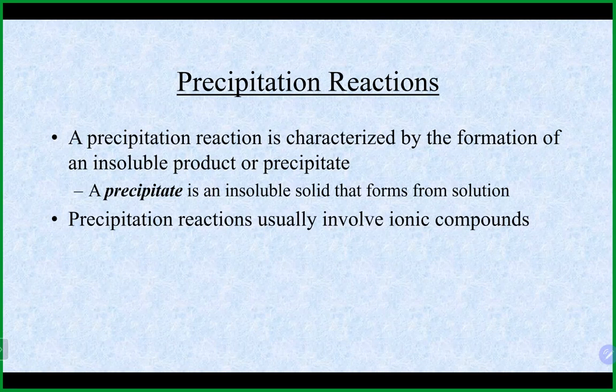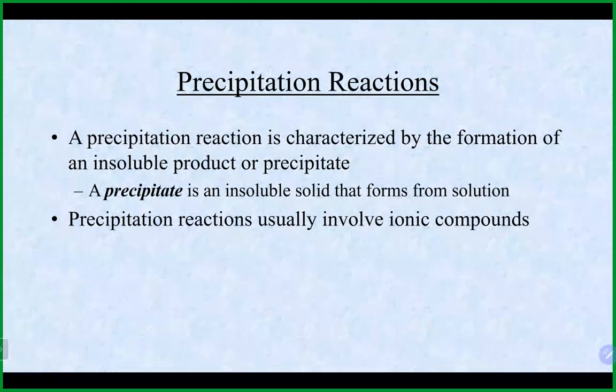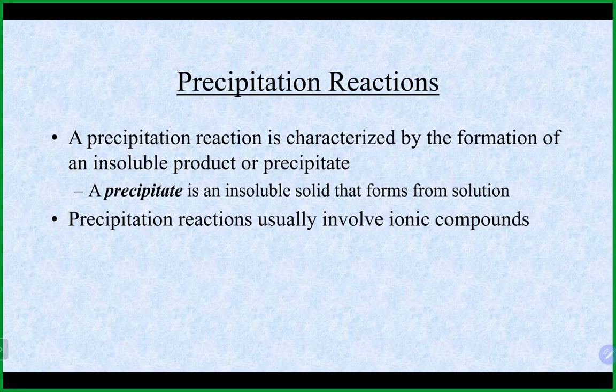It could be that it got cloudy, or a little mushy, some stuff that wasn't there before you mixed the two solutions together. Precipitation reactions usually involve ionic compounds. And it's always that double exchange that occurs where the positive guys basically will switch partners.